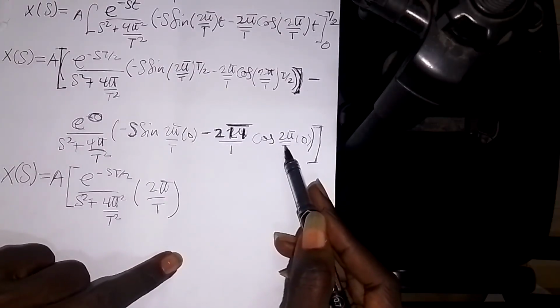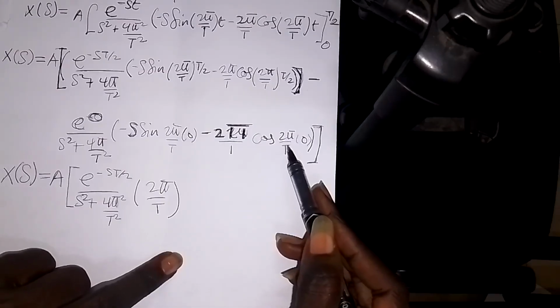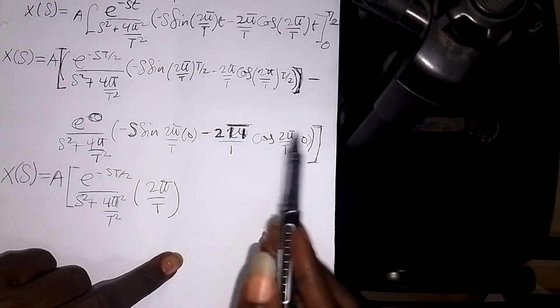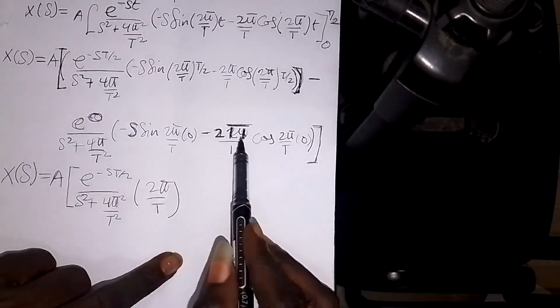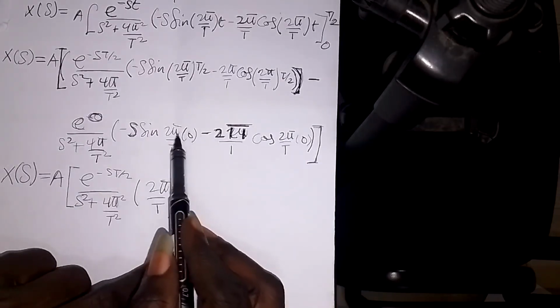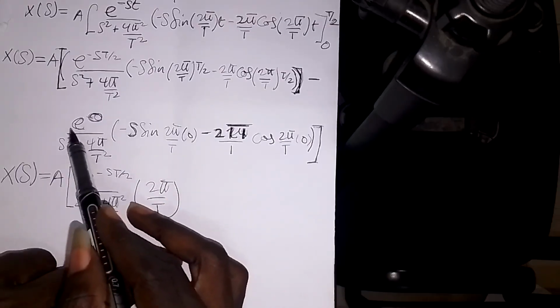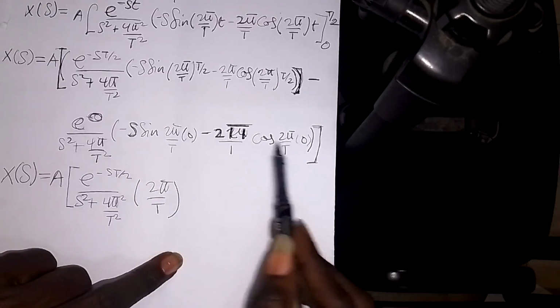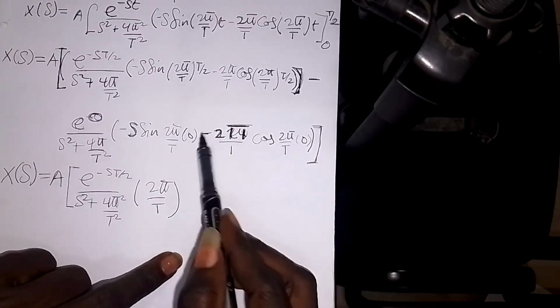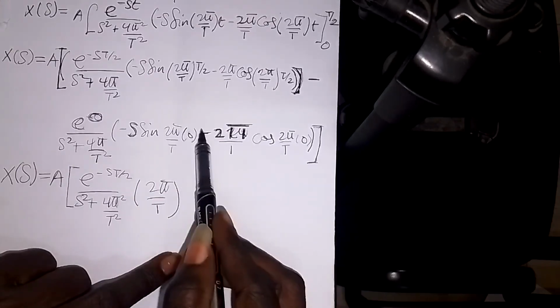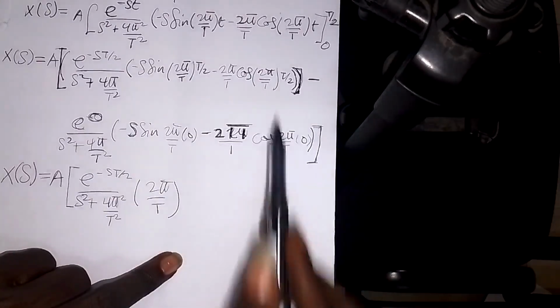Now in that case, here sine 0 is 0. So if I multiply this by this one, the whole thing will become 0. So I'm just going to have this one and this one, because cos 0 is 1. 1 times this one will be negative. But this negative and this negative will become positive.